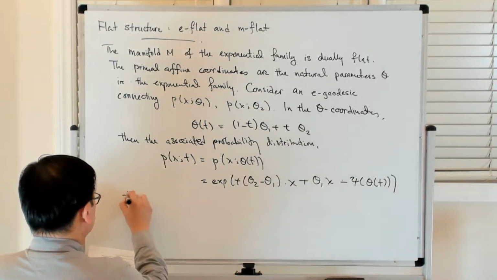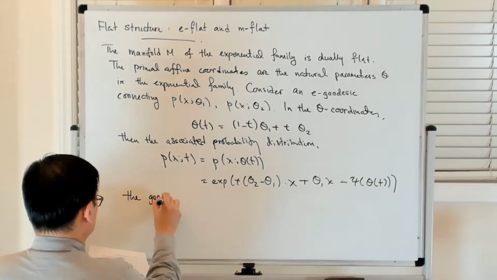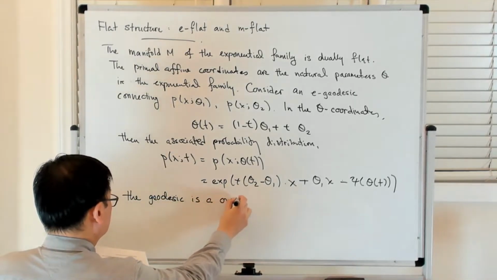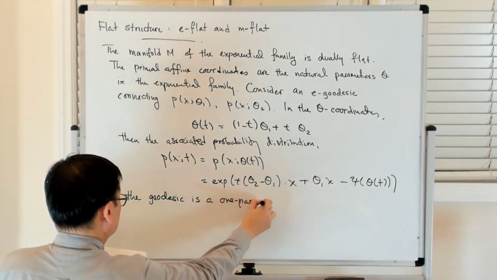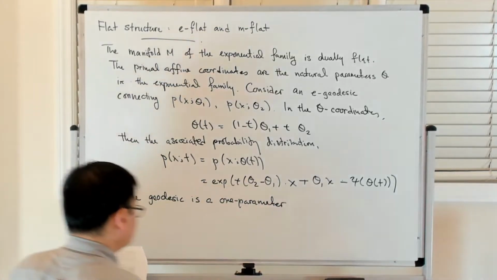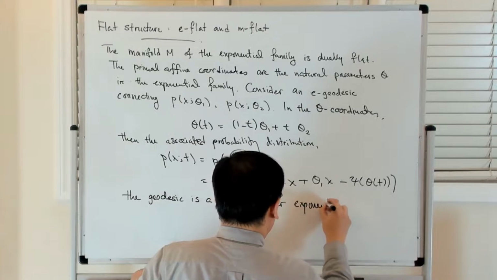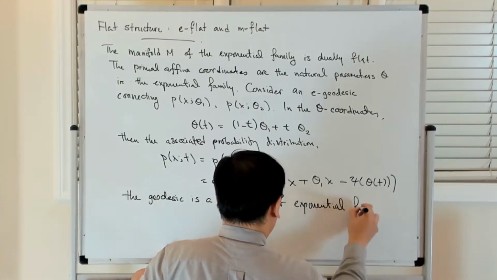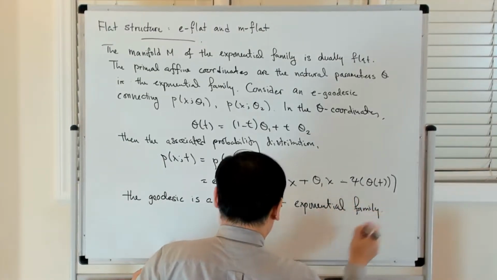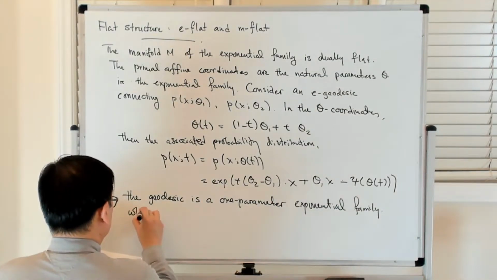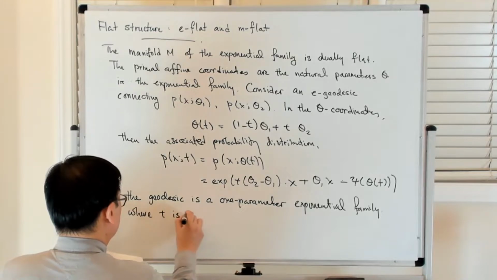So the geodesic itself is a 1-parameter exponential family, where t is the natural parameter.